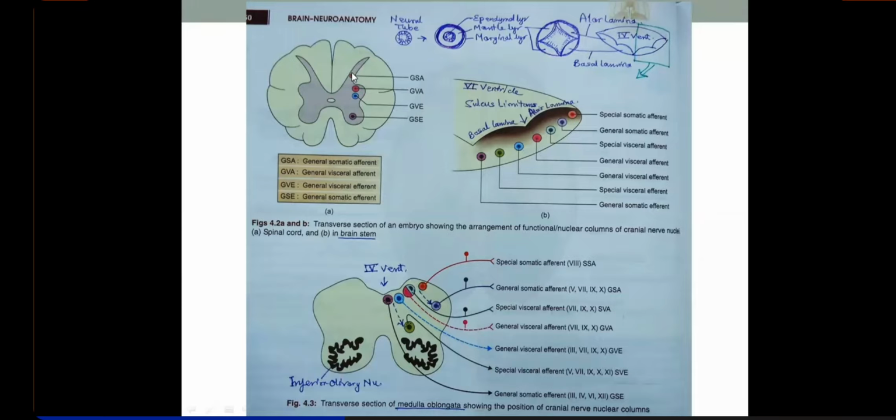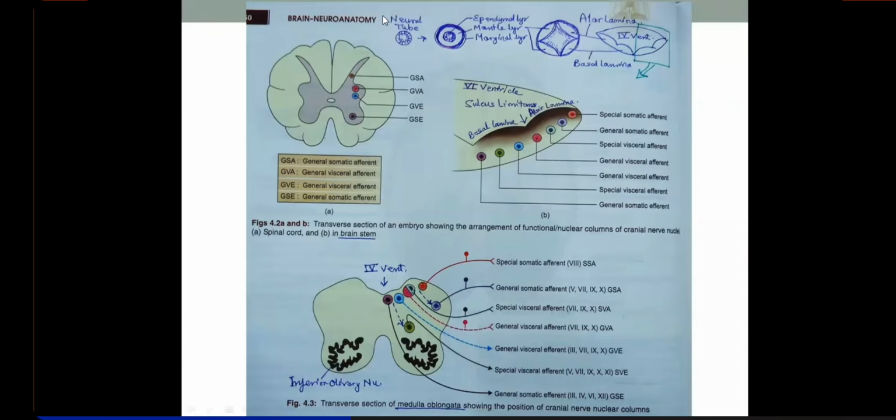But if you focus upon the development of the nervous system, the CNS is derived from the neural tube, right? In the neural tube, there are three layers. The inner layer is the ependymal layer, made up of simple columnar ciliated brush border epithelium, which is specialized at certain portions in the ventricles to form choroid plexus and also secrete CSF.